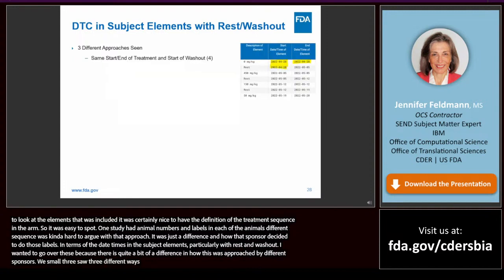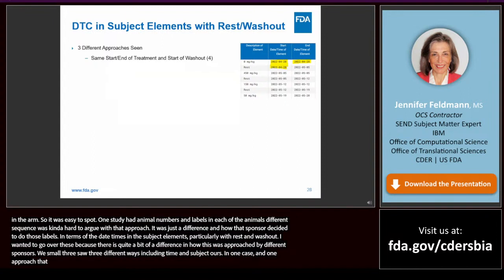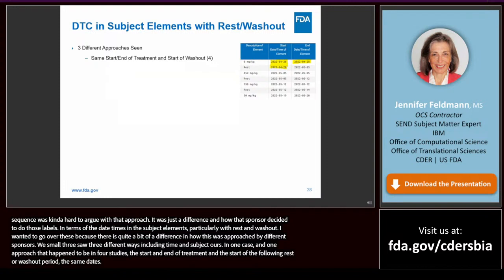In one approach, which happened in 4 studies, the start and end of the treatment and the start of the following rest or washout period all had the same dates. And indeed, in 3 of those studies, it was the same date time to the second. So those were all the same.